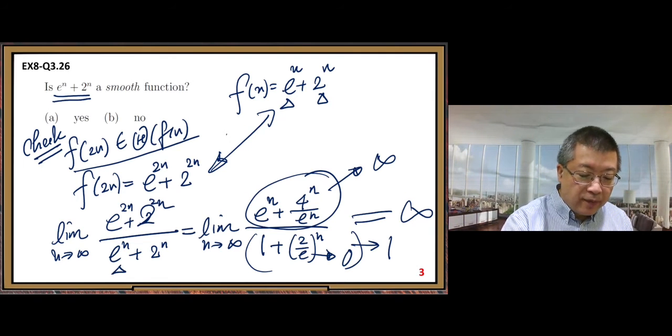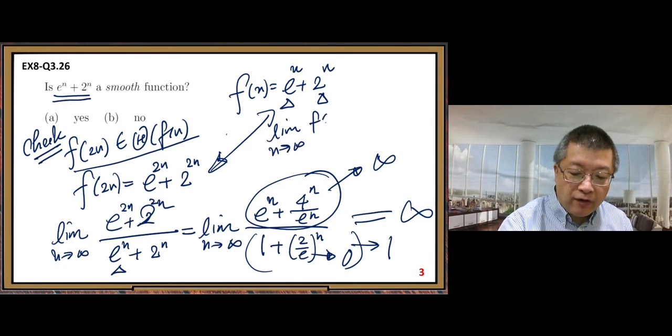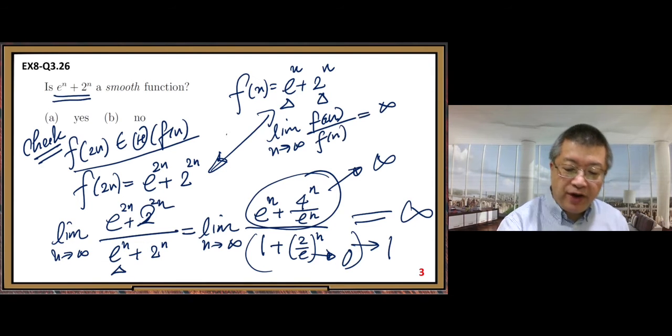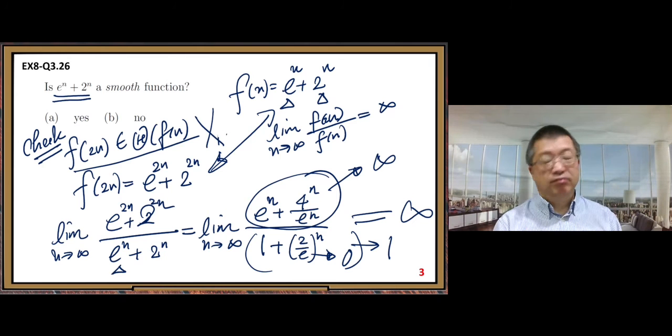So that means the whole limit of f of 2n over f of n equals infinity. Definitely you don't have that condition.